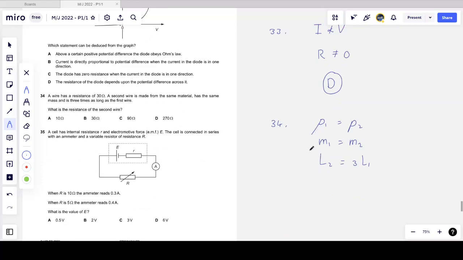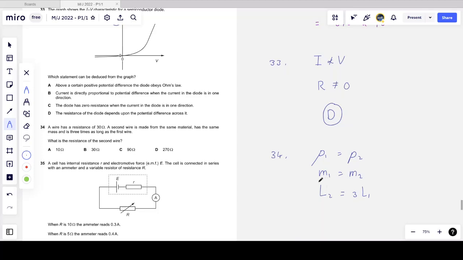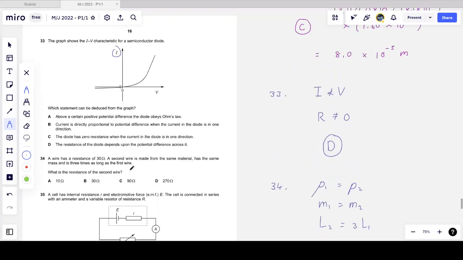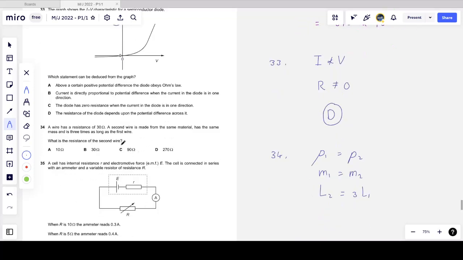So what I want to do is compare. What I know is the densities. I'm told that the density is the same material, 3 times as long. So I'm going to have to do a little bit of manipulation.